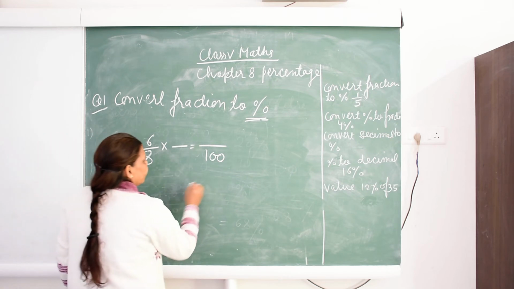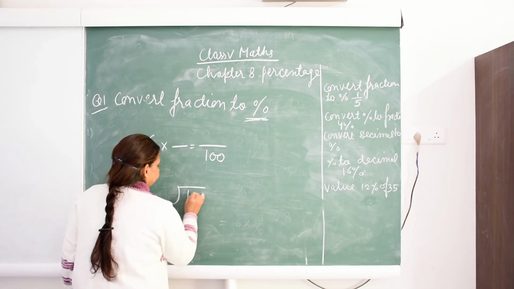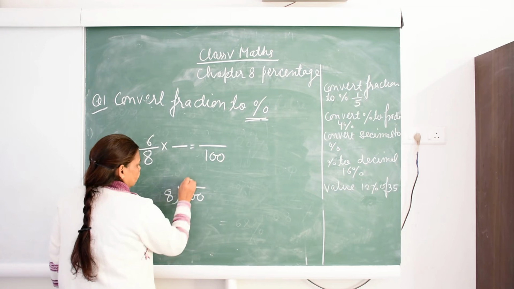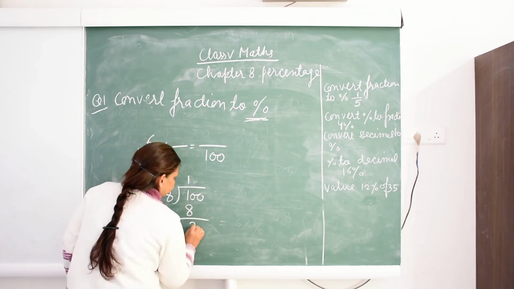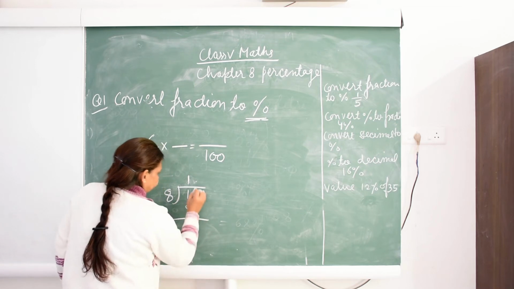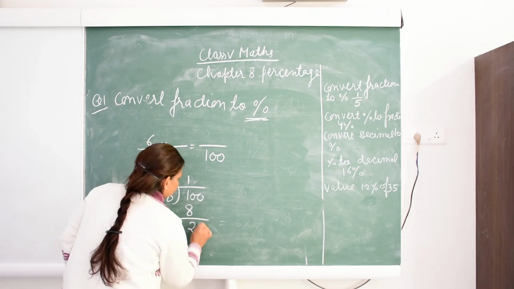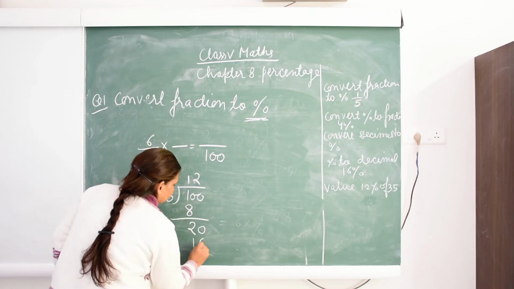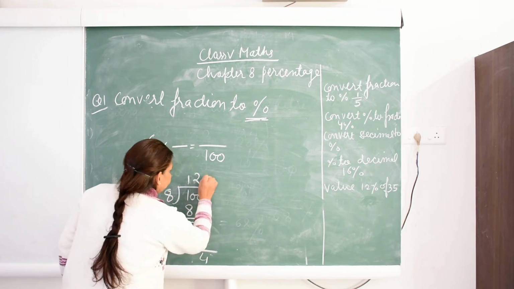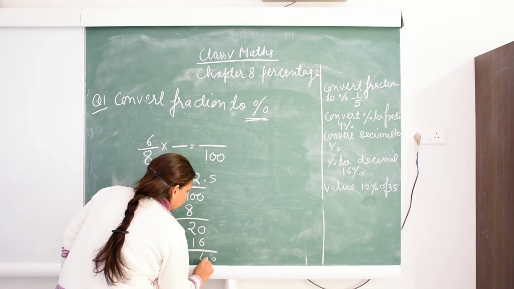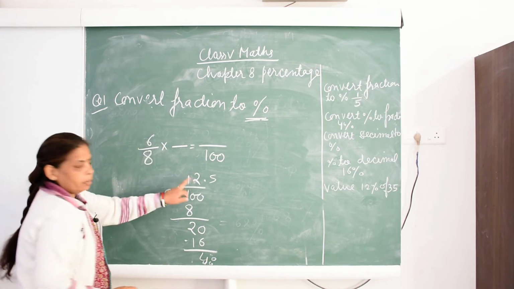So when we divide 100 by 8, we get 12.5.